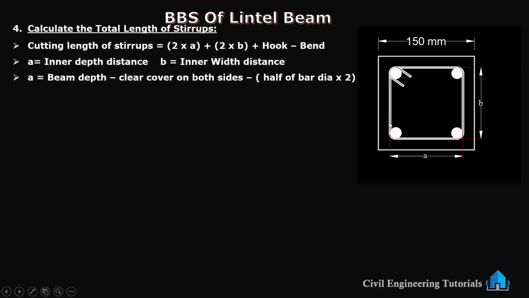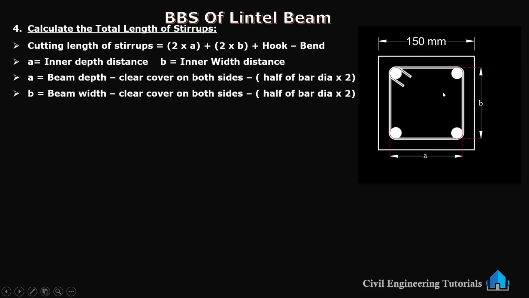So A is beam depth minus clear cover on both sides minus half of stirrup dia into 2.